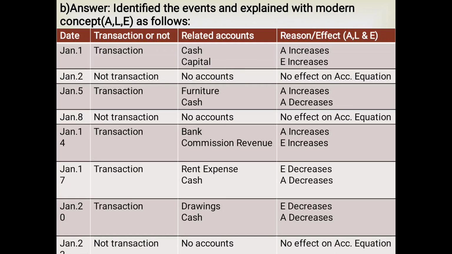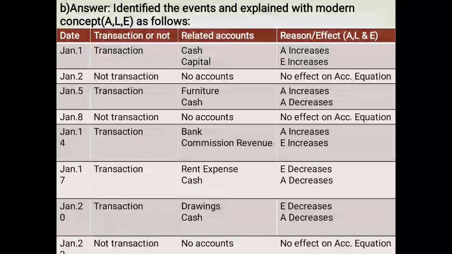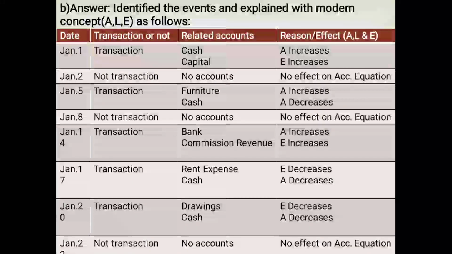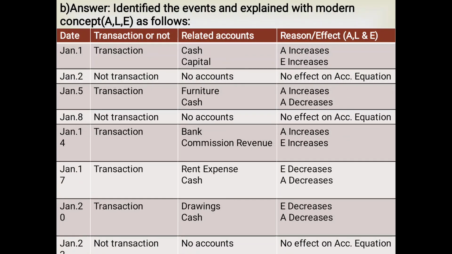We know cash is one kind of asset. When asset increases, then A increases, that is asset A increases in reason. And now capital increases in the business. When capital increases, then this is the element of equity, so equity increases.